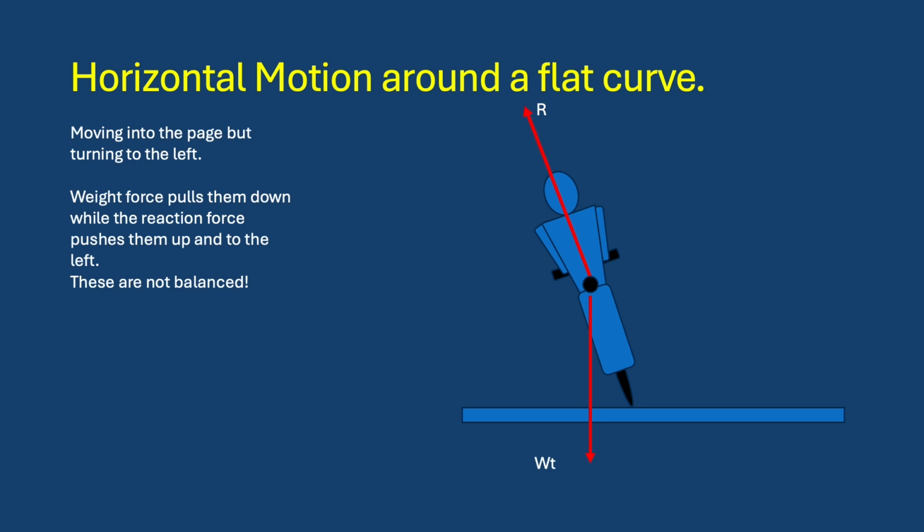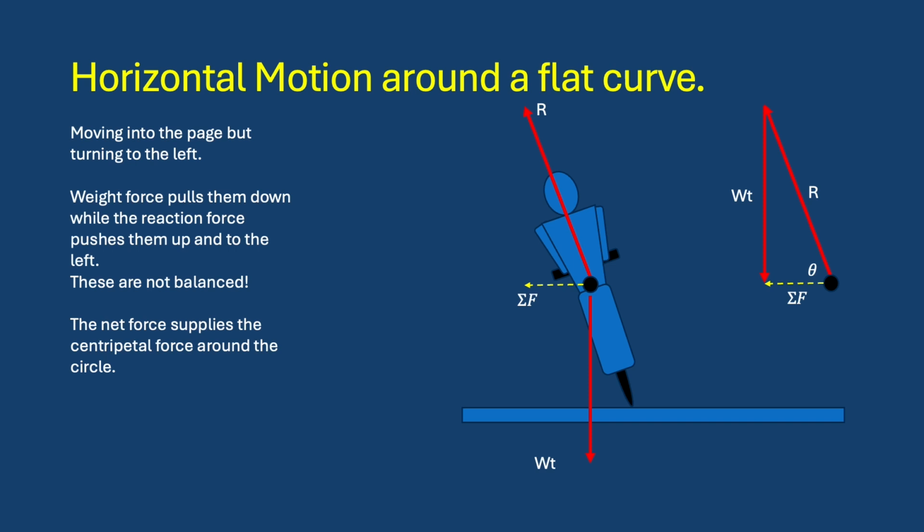Now, I've drawn the vector for this reaction force from the center of mass. That's what that black dot is there in our cyclist. We've got two forces that we're interested in here acting on the cyclist. There's the weight force pulling it down. There's the reaction force. And you can see here, even from the diagram, that these two forces are no longer balanced.